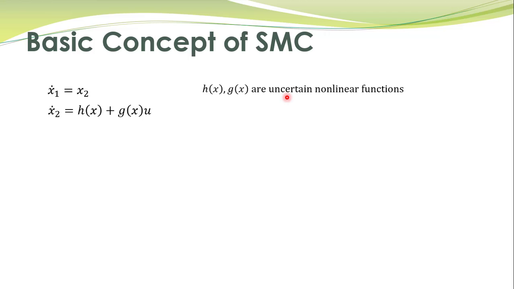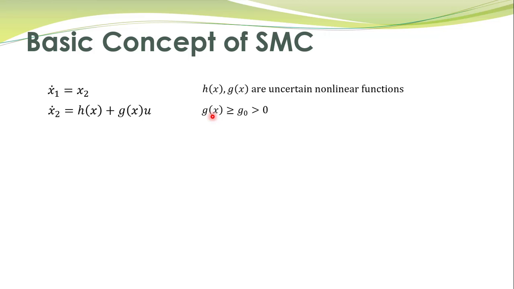There is one assumption: g of x, which is being multiplied with the control input, is always positive. That is, it is greater than or equal to some constant, and this constant is greater than 0. So g of x is always positive.